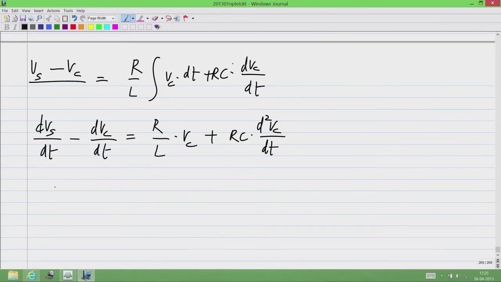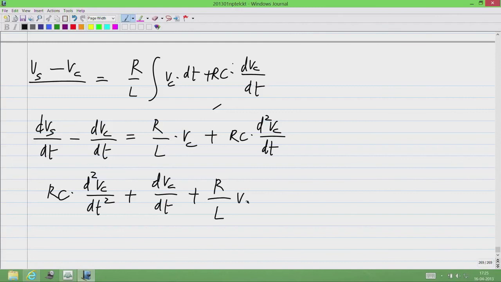So, if I rearrange this, I will get RC second derivative of Vc plus R by L Vc equals dVs by dt.